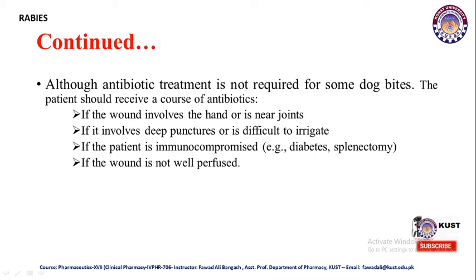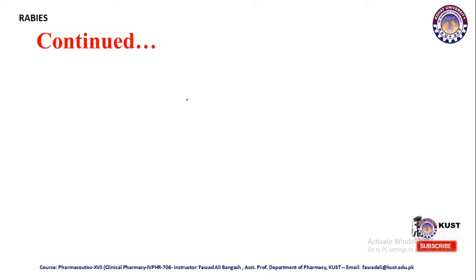If it involves deep punctures or is difficult to irrigate, then it requires a course of antibiotics. If the patient is immunocompromised, like diabetic or splenectomy, they require a course of antibiotics. If the wound is not well perfused, they also require a course of antibiotics.